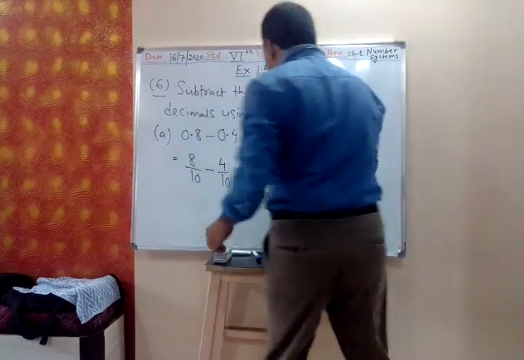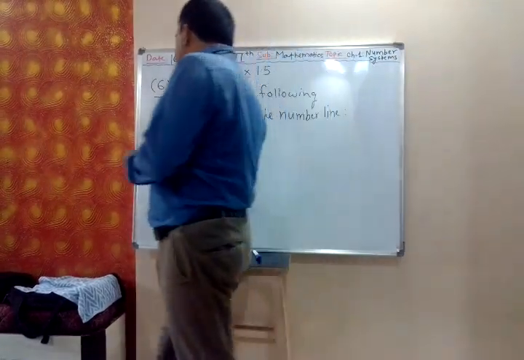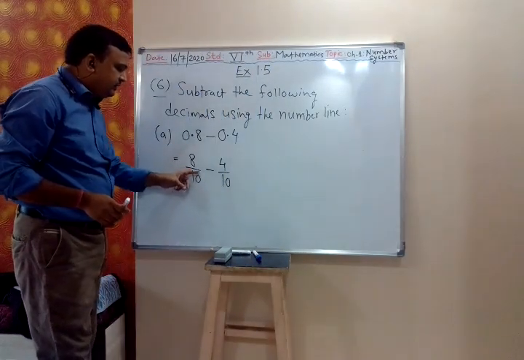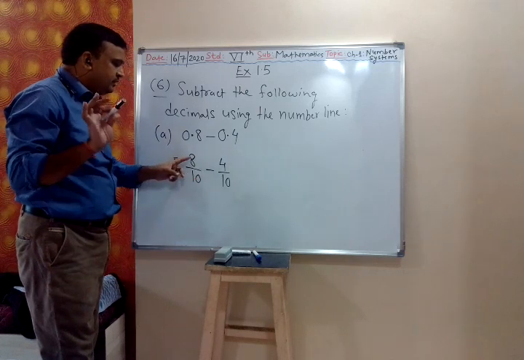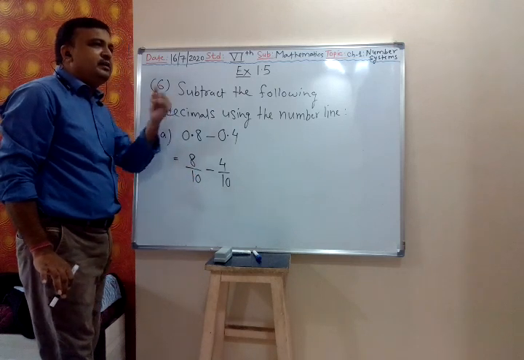So now we divide the number line. Because for 8 upon 10 the denominator is 10 and the denominator is bigger than the numerator, it will lie between 0 and 1.